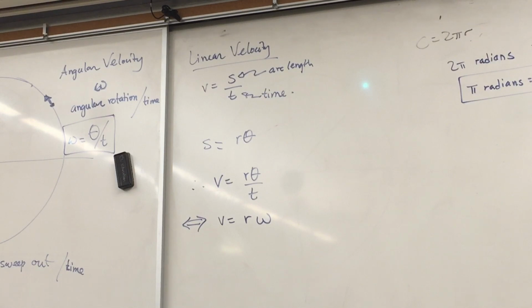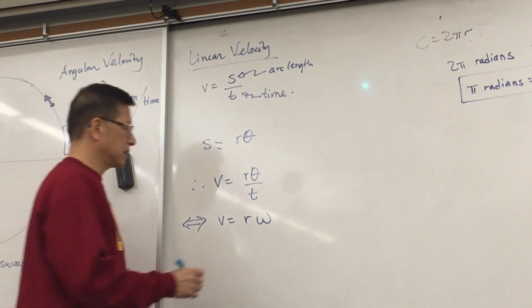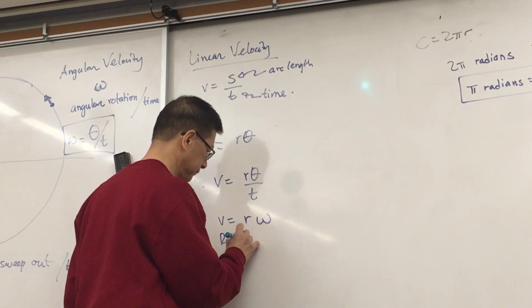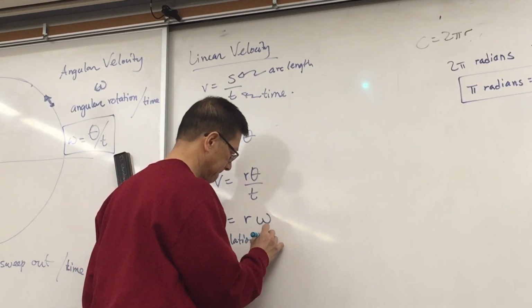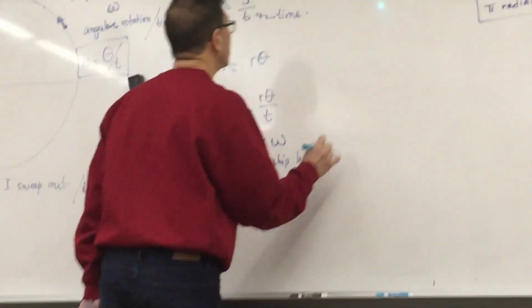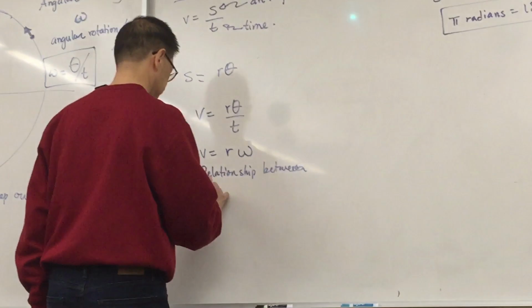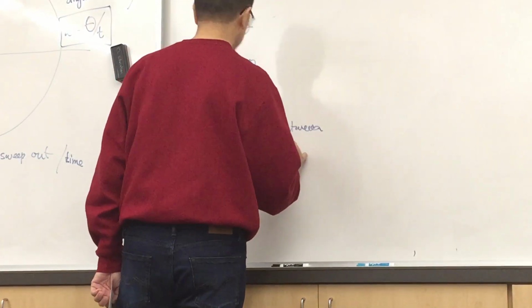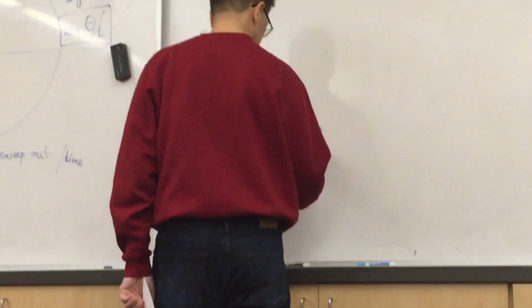They call this out as the relationship between linear velocity and angular velocity.